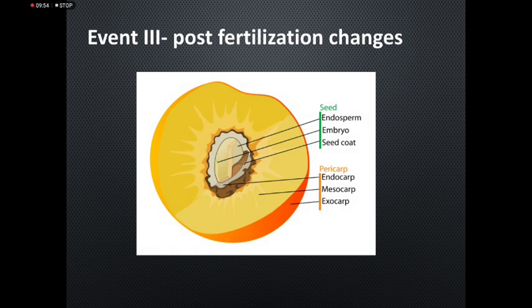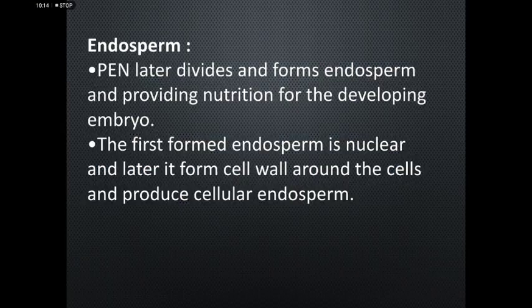Then we move to the next event, that is post-fertilization changes. That means in this part we study seed, fruit, embryo, endosperm, etc. The primary endosperm nucleus, that means 3n condition, later divides and forms endosperm and provides nutrition for the developing embryo.